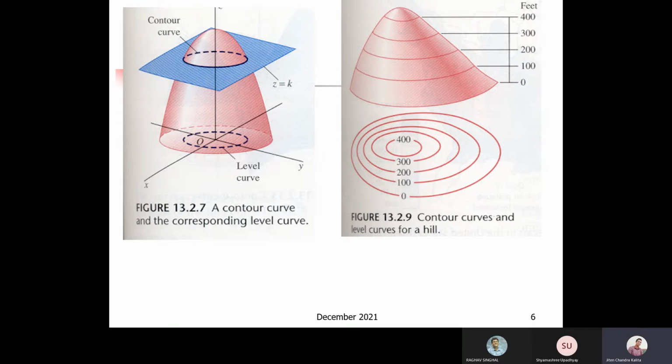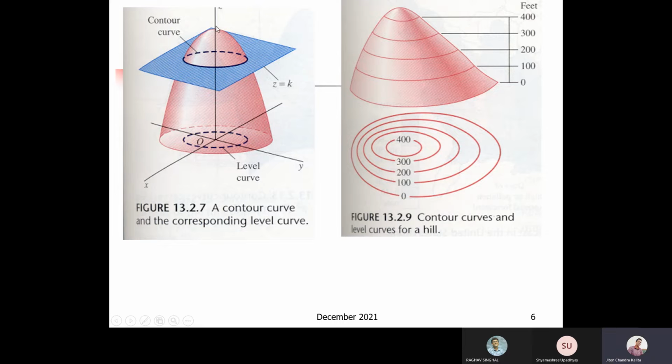Whatever I have drawn on the blackboard, if you recall that, if instead of z equal to x squared plus y squared, I had taken z equal to minus x squared minus y squared, I would have gotten an inverted paraboloid with vertex at 0, isn't it? Now this paraboloid is at some height above the xy plane.